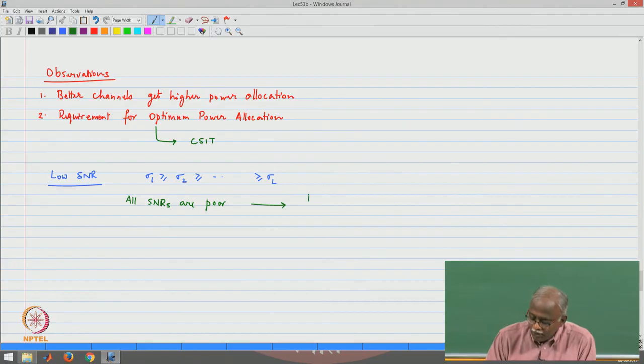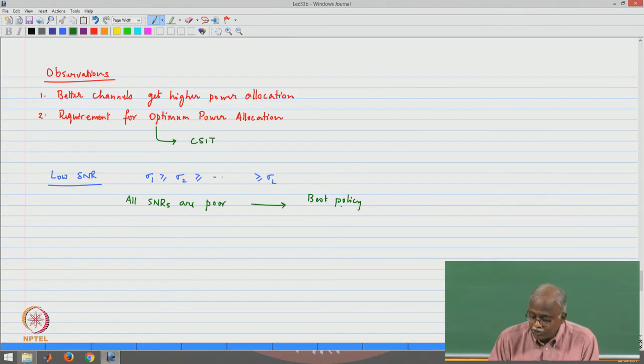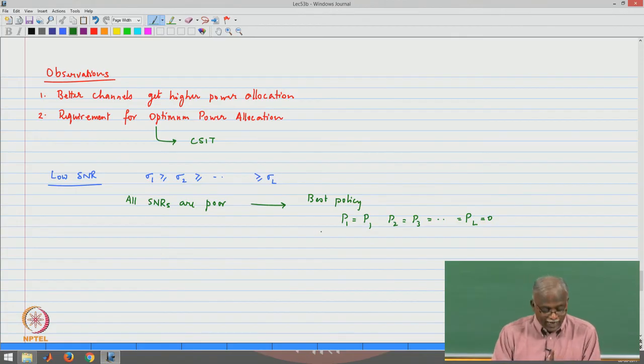So, the best policy under this condition is, rather than trying to distribute your power between all the different channels where all of them are not so good, the best option seems to be to give all the power to the best of the channels that you have. So, basically P1 equal to P, P2 equal to P3 equal to PL equal to 0. This is what we called the best eigen transmission policy or the best channel policy.